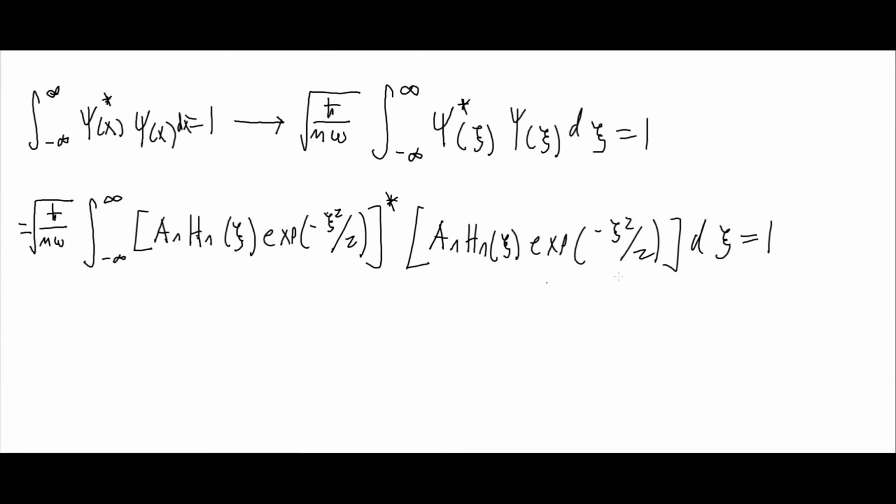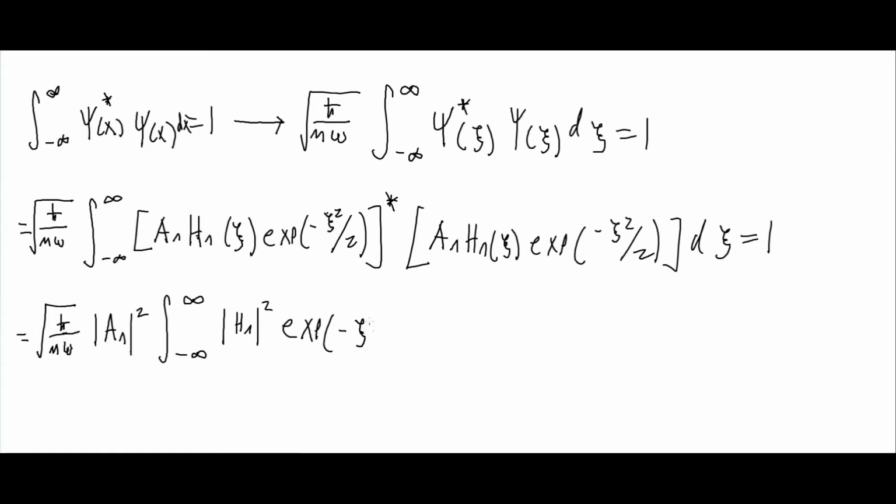And so from this we can just sort of multiply all the like things through, and what we end up with, so this a n is a constant, so we can take that outside the integral, so we still have h bar over mass times the angular frequency, and then we have a sub n squared times the integral from minus infinity to infinity of h sub n, the nth Hermite polynomial squared, times the e to the minus xi squared.